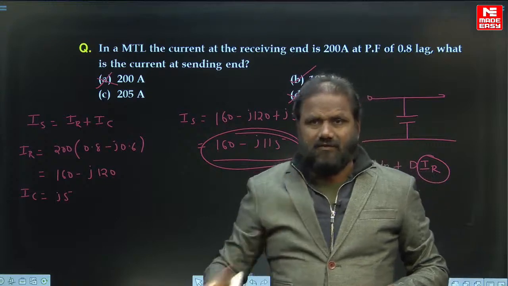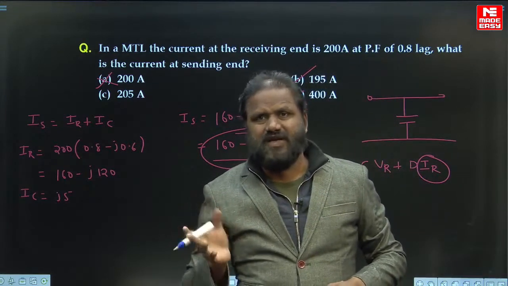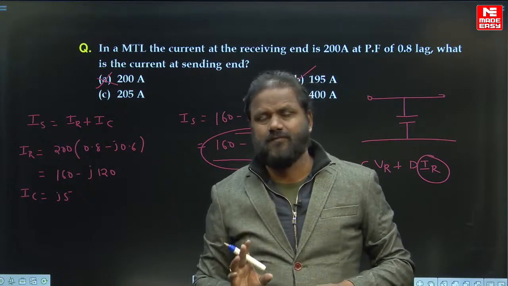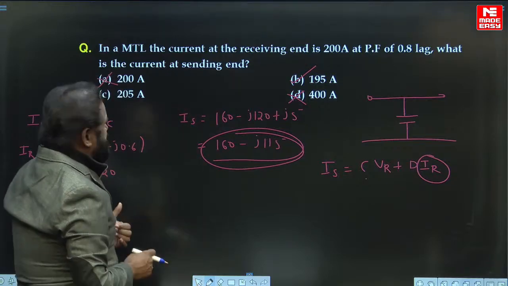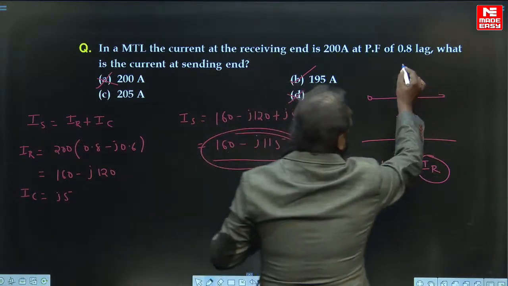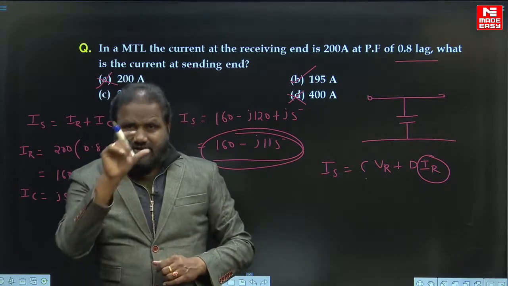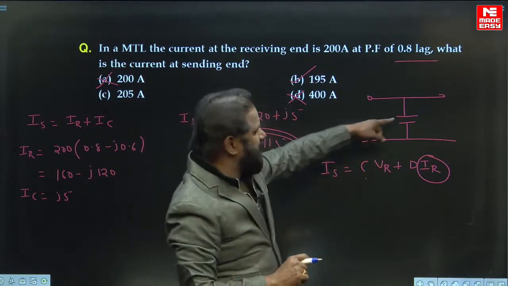That means with this type of data a conventional solution is not possible. As a conventional solution is not possible, you need to go to the conceptual solution. The conceptual solution says that here the power factor is lagging in nature, so it has a magnetizing component. Some of the magnetizing component is compensated by the capacitive component of the line. So when you come to the sending end, the magnetizing component that comes from the load itself gets compensated.